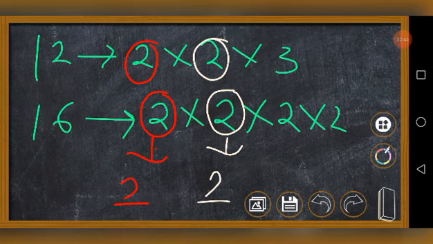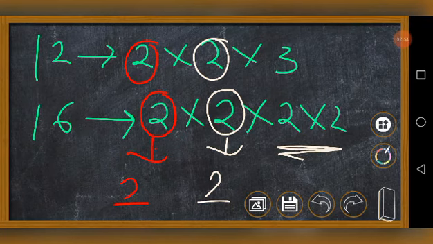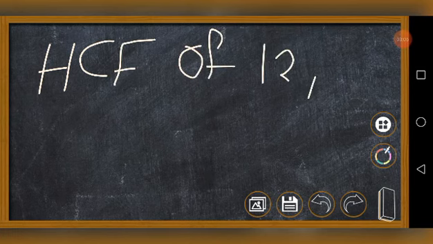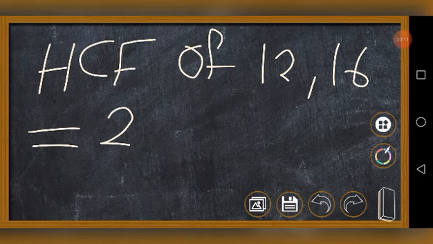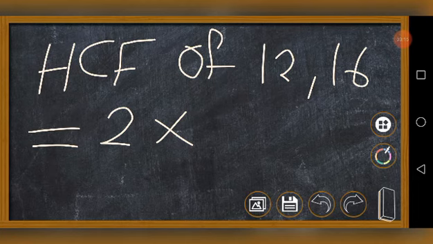As you remember, in the LCM we take from each repeating number only one and multiply by the remaining. But here we only choose the common factors. So the HCF of 12 and 16 equals the repeating factor 2, and again the repeating factor 2. So the answer will be 4.